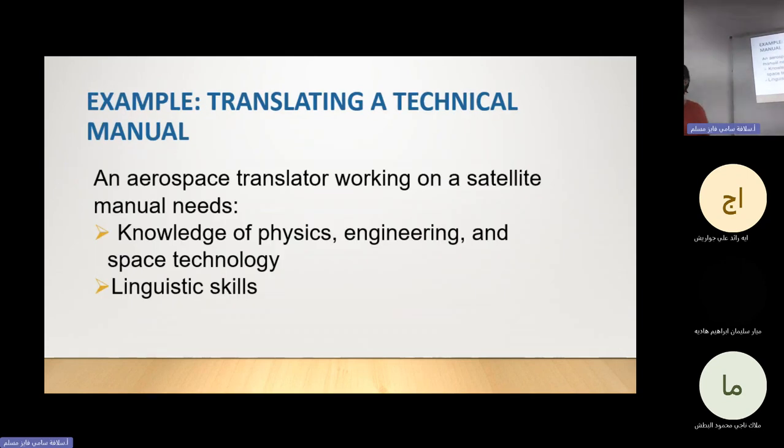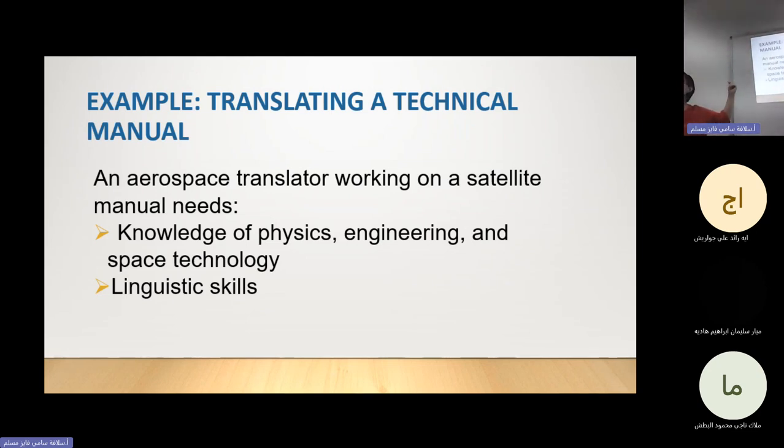For example, an aerospace translator, شو يعني aerospace؟ أو فضاء، astronaut أو شخص يشتغل في الفضاء. اوكي؟ ترانسليتر مترجم في الامور اللي لها علاقه بالفضاء الخارجي وفي الاسترولوجي والاسترونومي وكل هاي الامور.